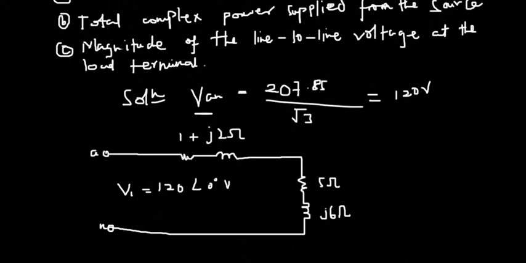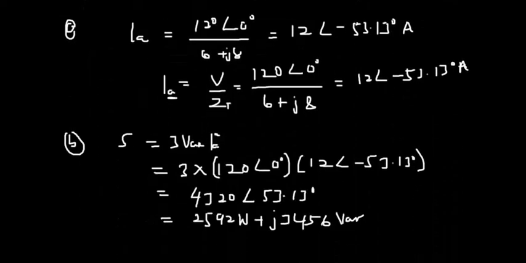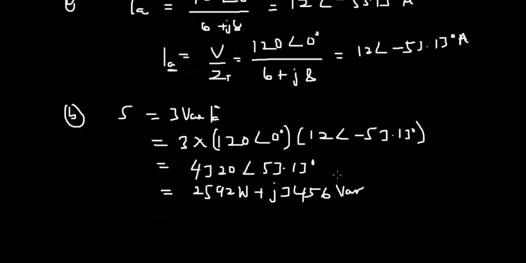So let's find out the magnitude of the line-to-line voltage at the load terminal. We are finding the magnitude of the line-to-line voltage at the load terminal. That's quite simple. We have V equal to 120 with an angle of 0 degrees.